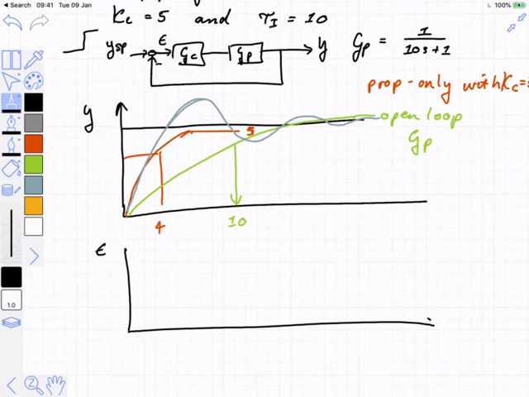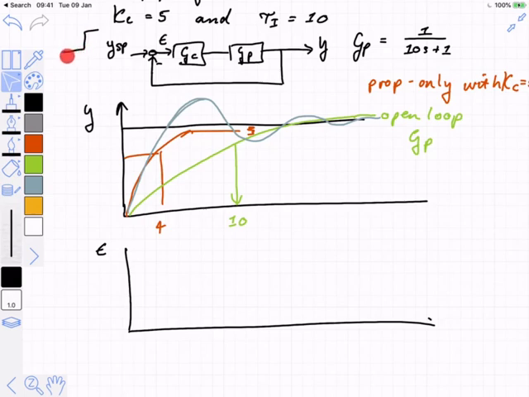the error is largest at the moment that the set point changes. So at that very moment, remember that YSP is doing this, right? So YSP, and also recall that for the system with no additional information, the only assumption that you can make is that everything was at 0.